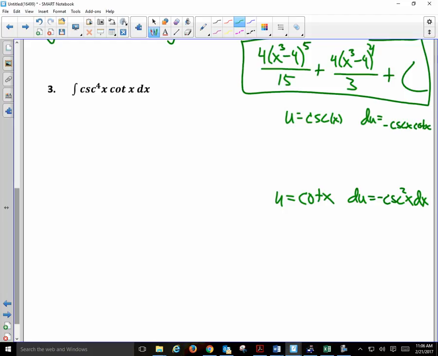If I play a small trick here and expand this a little, writing it as cosecant cubed of x times cosecant of x cotangent of x, all of a sudden our substitution of u equal to cosecant is going to look much more attractive.